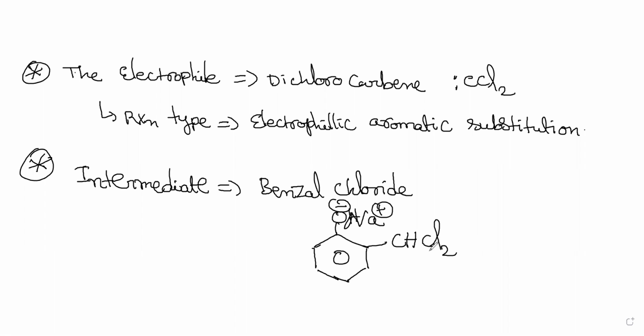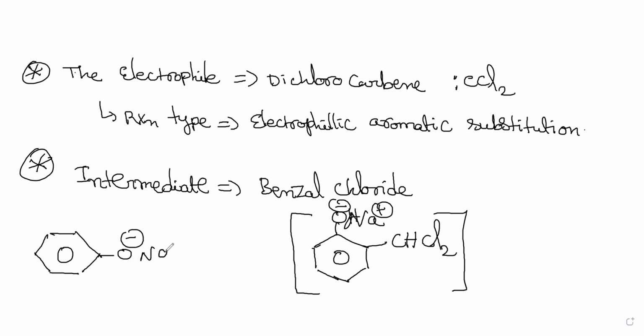This is what forms. You can draw like this also, if you wish: O minus Na plus, and here CHCl2. This is the intermediate. Please note, we will go ahead next.